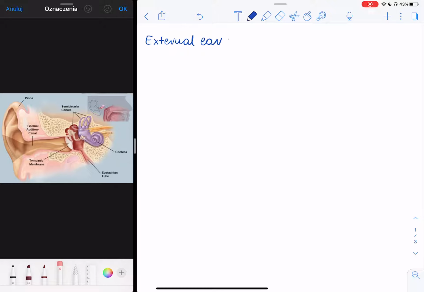External ear consists of two parts: auricle, another name for this is pinna, po polsku małżowina uszna.